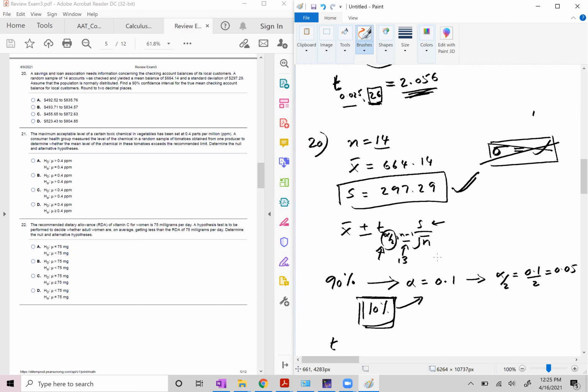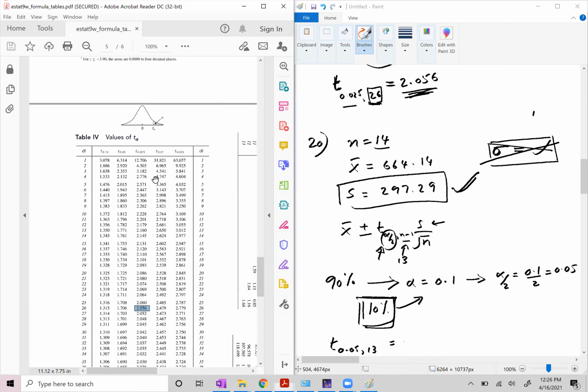We have to look for t.05 comma 13. t.05 is here, and 13 is here, and the value is 1.771.